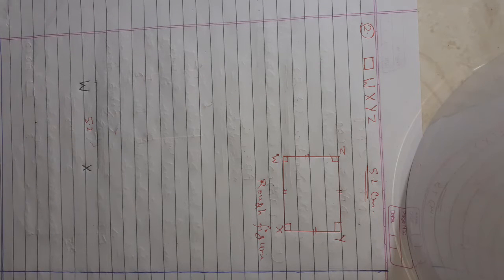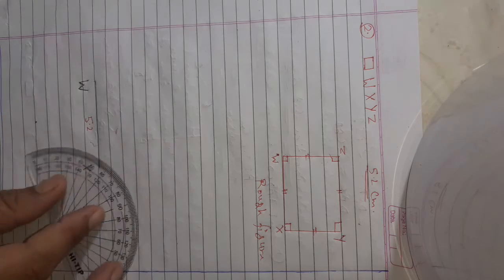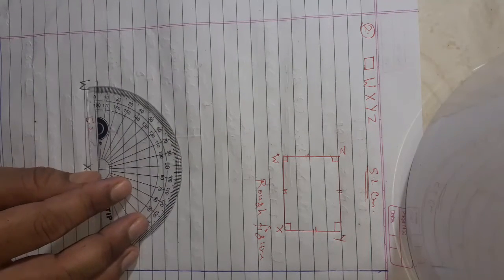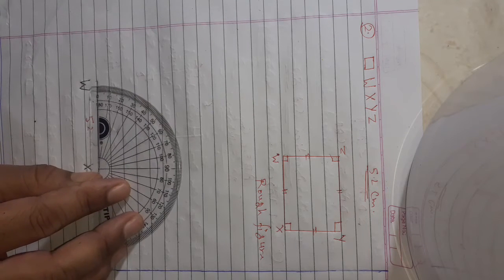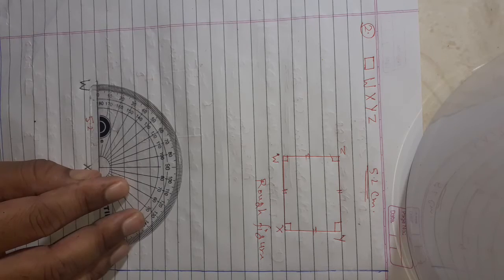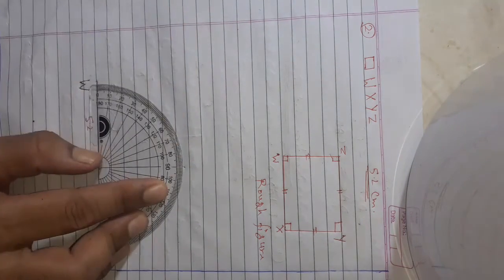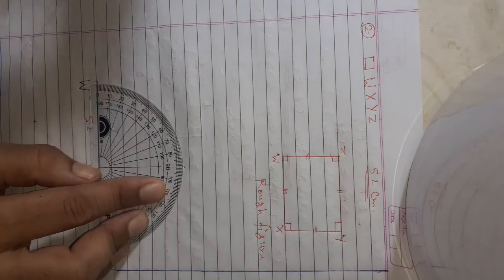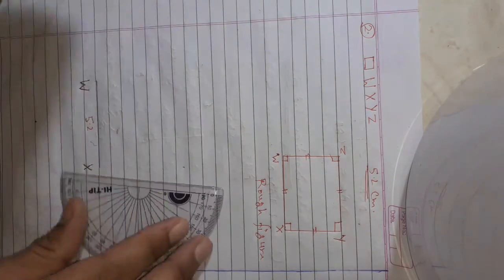Clear? Now here you draw 90 degree. Why 90 degree? Because all the angles are equal to 90 degree. So draw here 90 degree. This is 90 degree. Clear? So draw here all the angles are 90 degree.